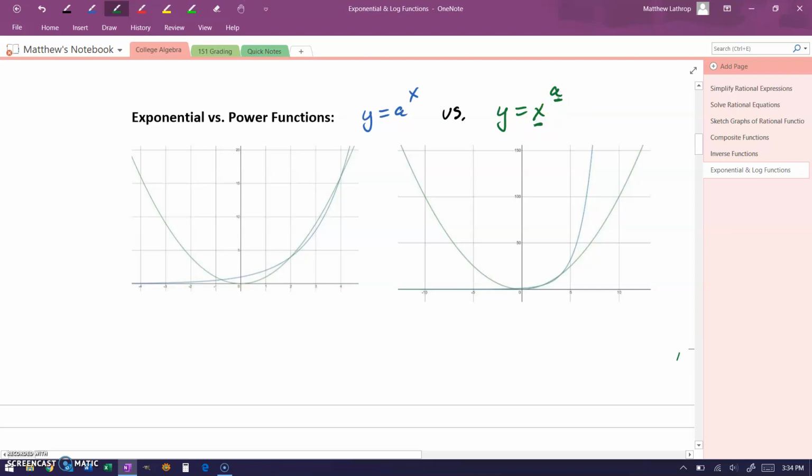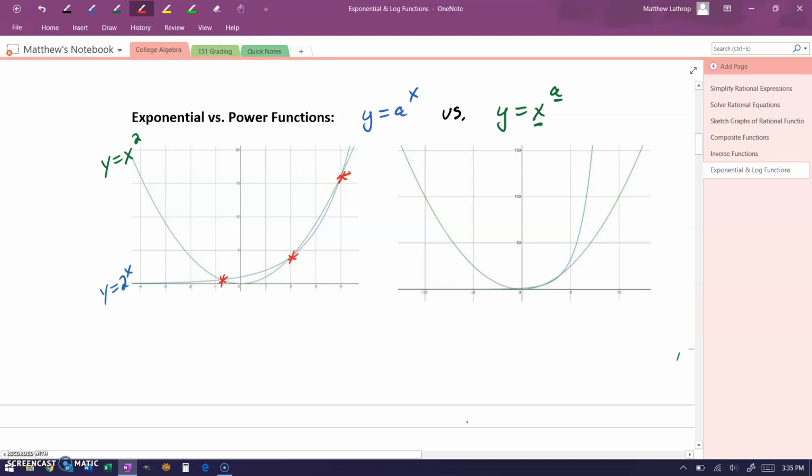Below, we have a couple of example functions graphed, in this case y equals 2 to the x and y equals x squared, so we can see the difference in the behavior. Of course, our x squared function is going to follow that parabola shape. Our exponential function and our power function are going to intersect at a few key points here.